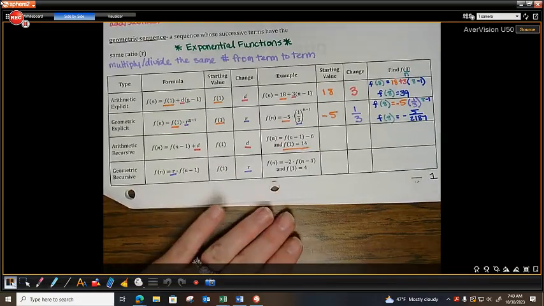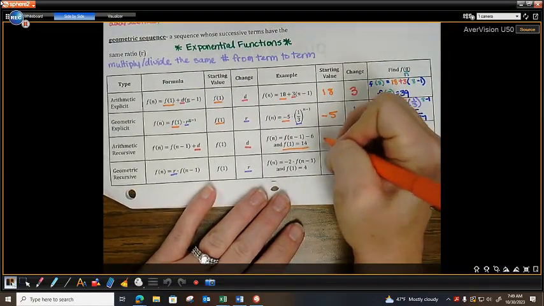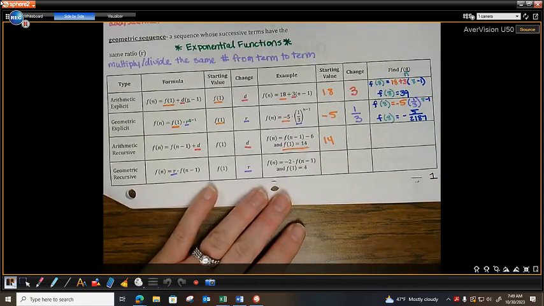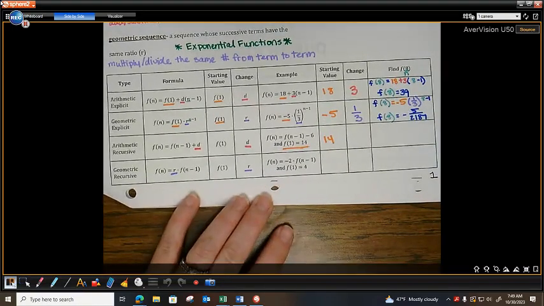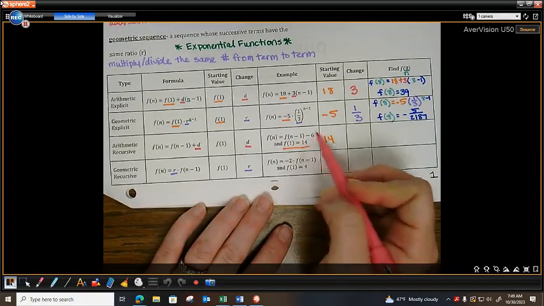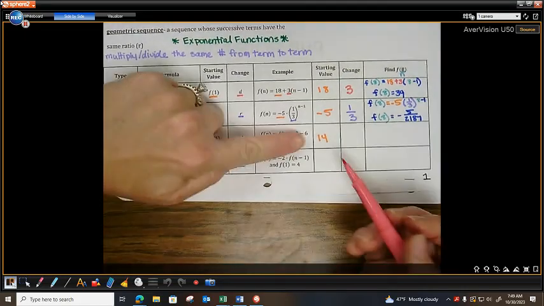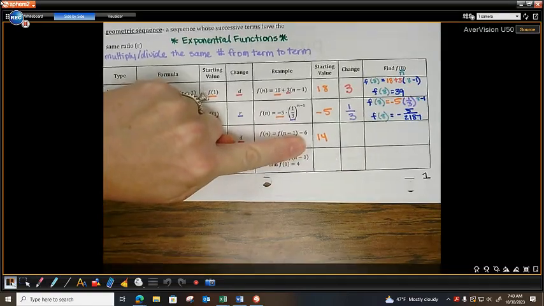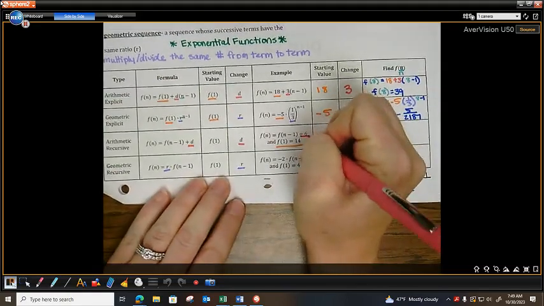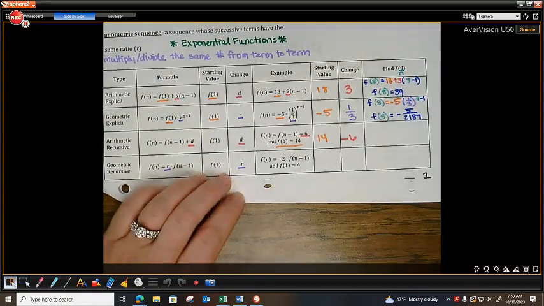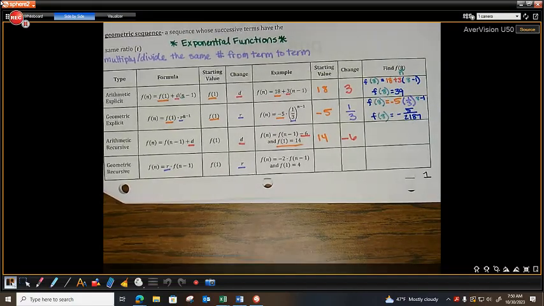So what's f of 1? What's your starting value? 14. What am I adding or subtracting each time? Look at your formula. Look right here. What are you adding or subtracting each time? 6. So I'm subtracting 6 each time. So it's negative.